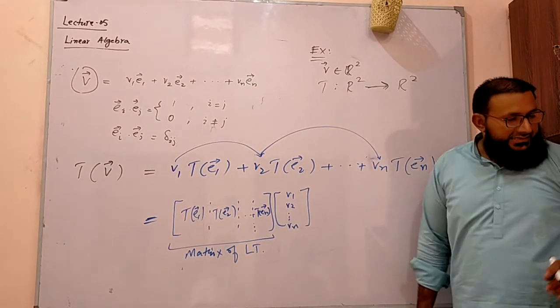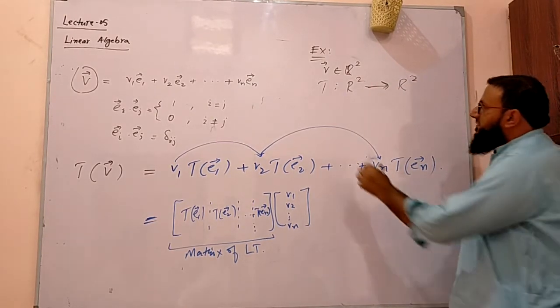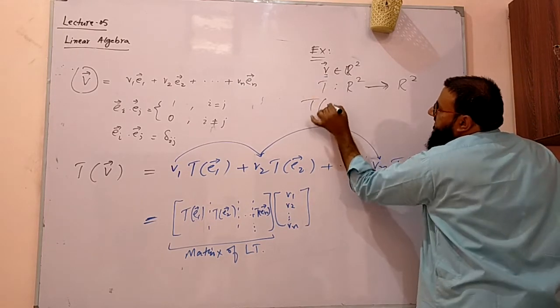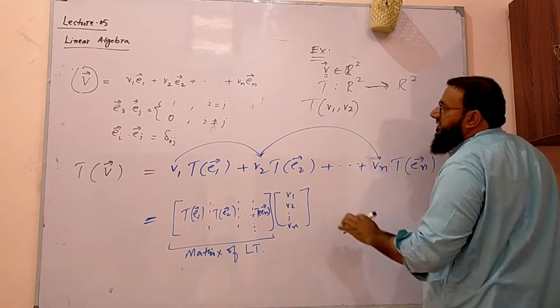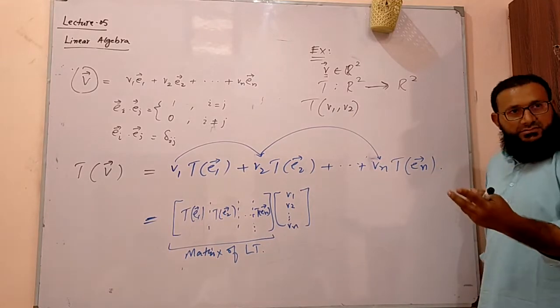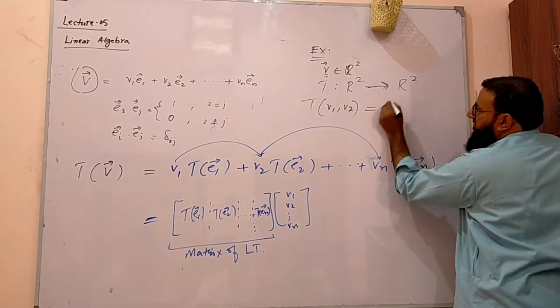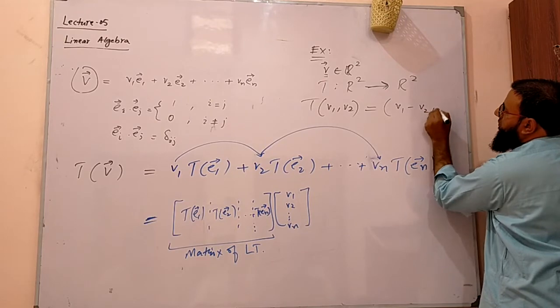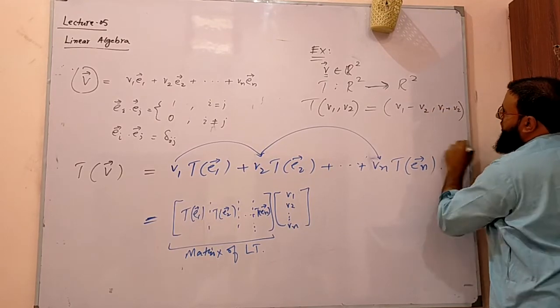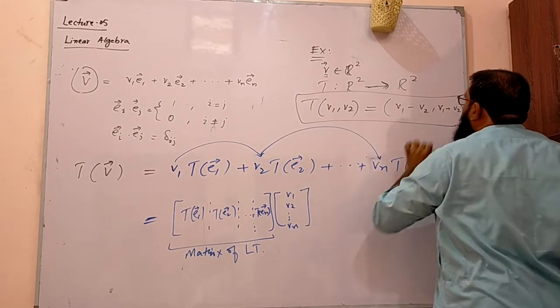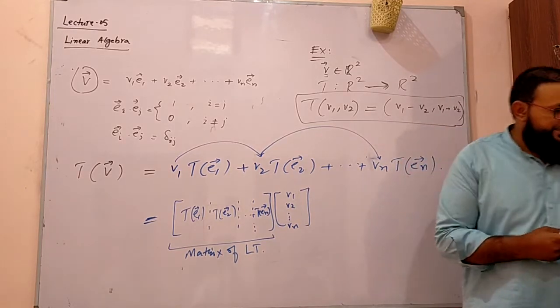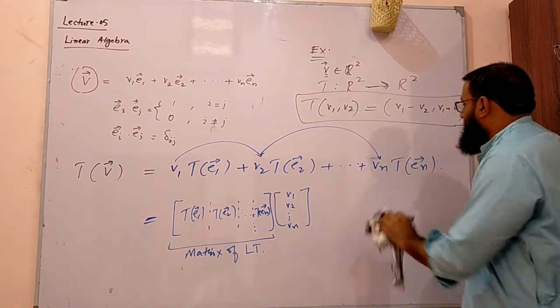And then how do I define it? What are the components of my vector? v1, v2. First I wrote the components to be x and y. Doesn't make any difference. And what I get? v1 minus v2 and v1 plus v2. I asked you what is the matrix of this linear transformation. This is my question.